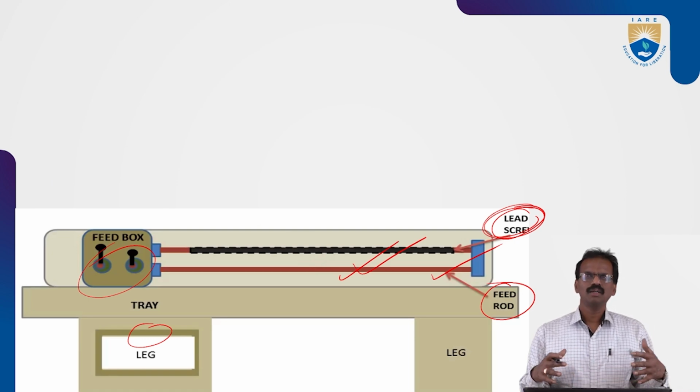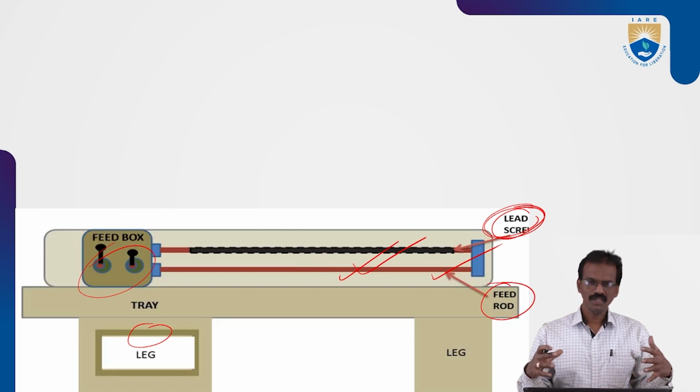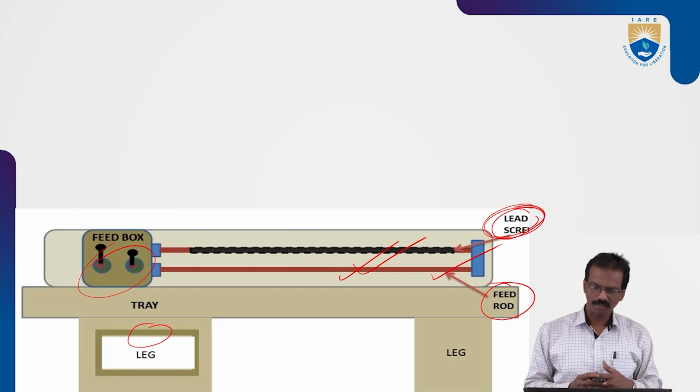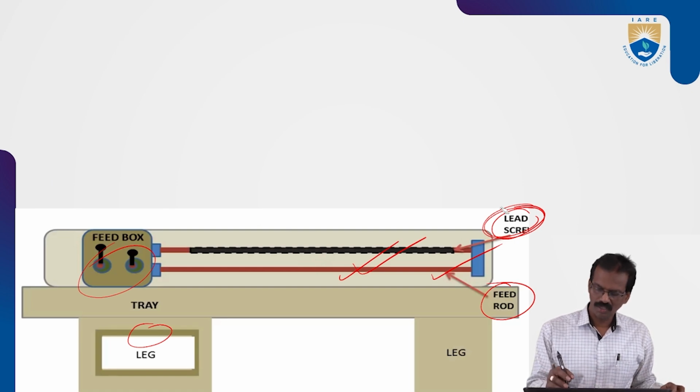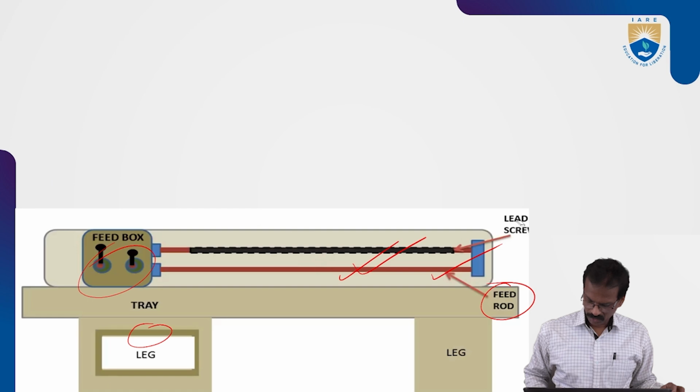So a smooth, continuous, systematic movement will occur automatically, and thread cutting will occur on the workpiece. That is the main function of the lead screw. We'll see that one also.